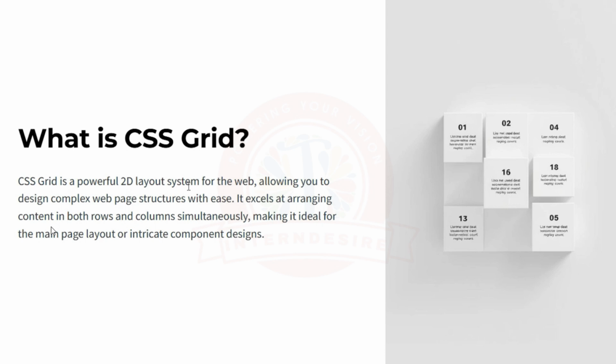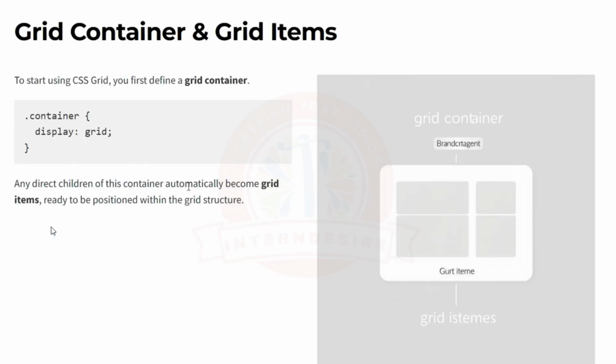It excels at arranging content in both rows and columns simultaneously, making it ideal for the main page layout or intricate component designs. Unlike Flexbox, which is one-dimensional, Grid works in 2D, both horizontal and vertical. So that's why we are learning CSS Grid Layout, Grid Container and Grid Items.